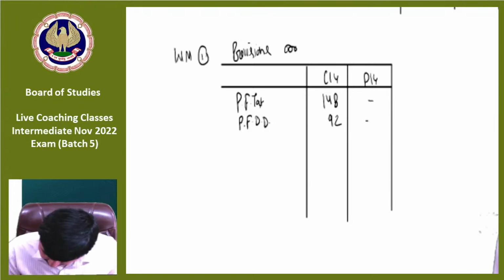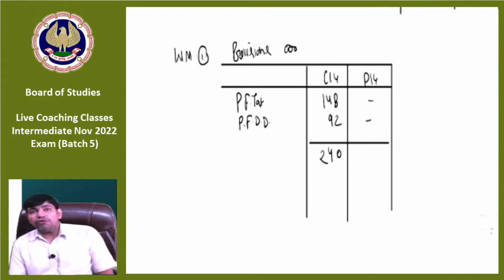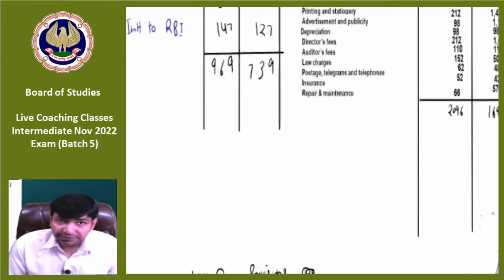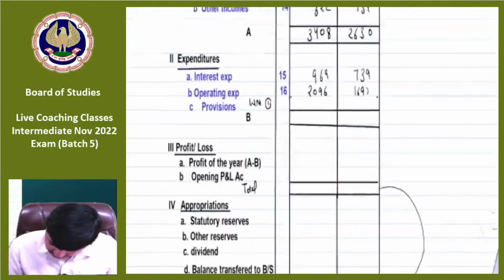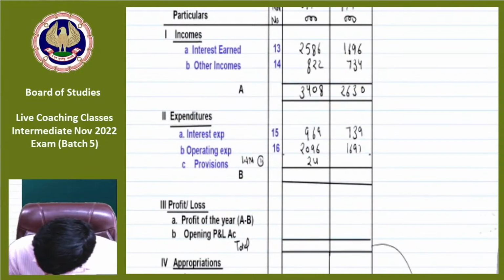So ignore last year figure. Total is 240. So 240 is the total of provision during the year. So from this you will reduce, you will also write here 240.